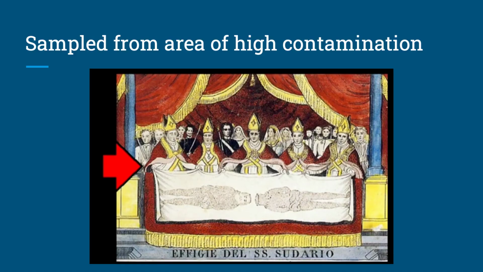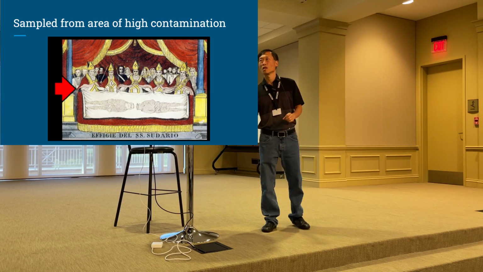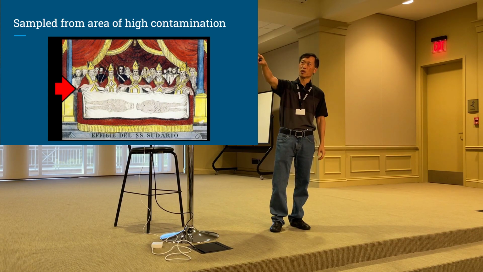This is a picture of how they portrayed the shroud when the Savoy family owned it. So the Savoy family, they owned the shroud for hundreds of years. And every year they displayed the shroud to the public. And the way they displayed it is like this.